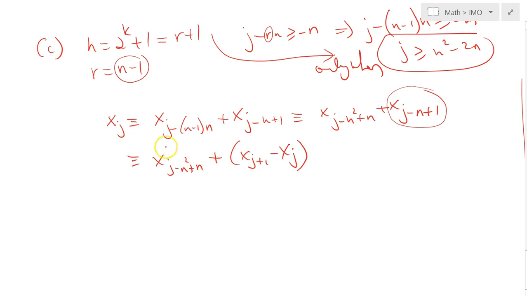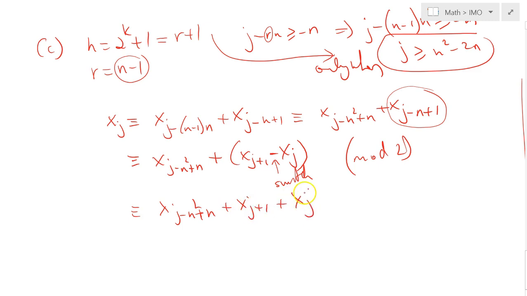But why do they not cancel out? Oh, I can cancel them out because minus 1 in mod 2, so we are investigating in mod 2, is the same as plus 1, so I can just switch the sign, right? So therefore x j minus n squared plus n plus x sub j plus 1 plus x sub j, but then the x sub j's simply cancel out.